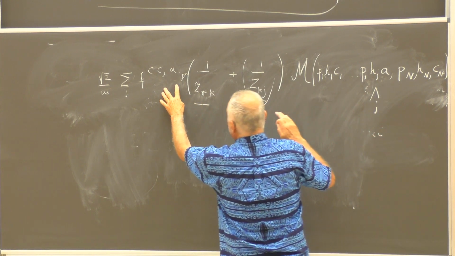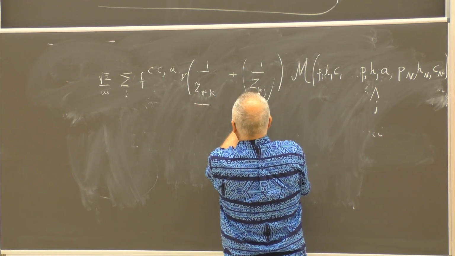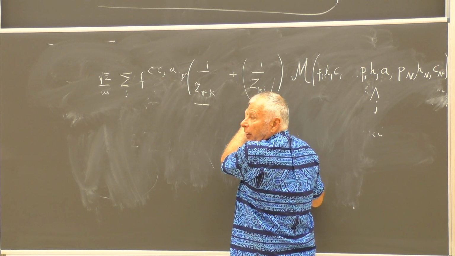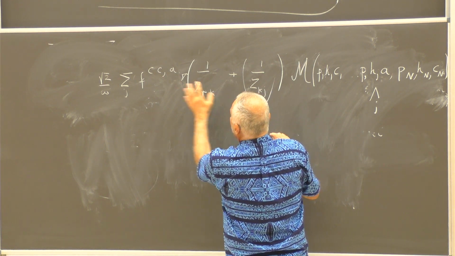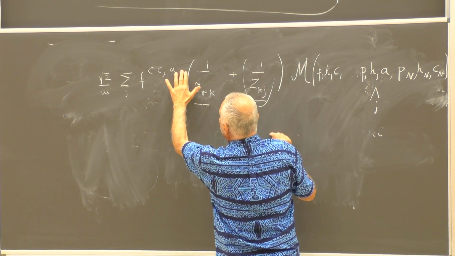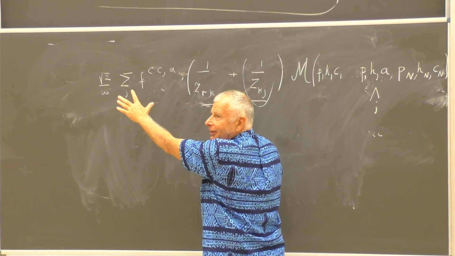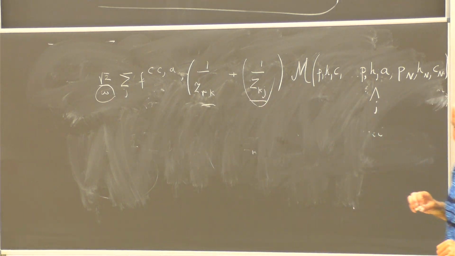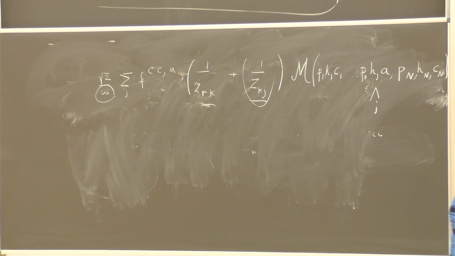Next to the structure constant, one of Z_Rk, and there is no Z_kJ. This is the one which is k. Outside of the bracket there's nothing more, the structure constant, and there's one over the amplitude. Yeah, that was the leftover from the last blackboard. All right.